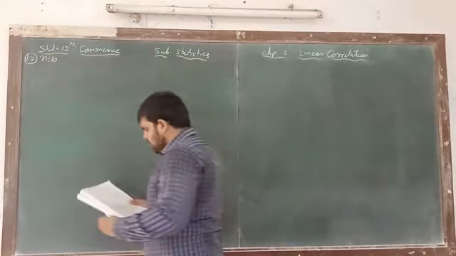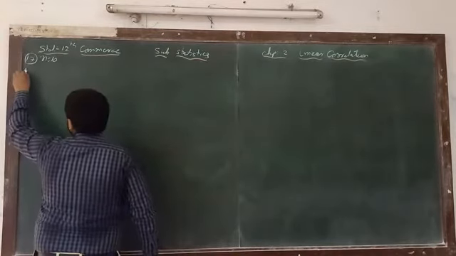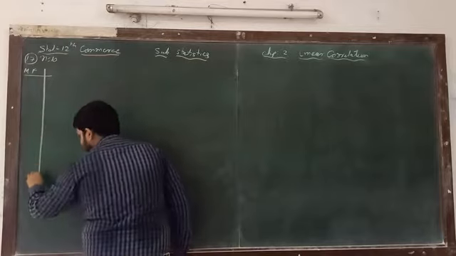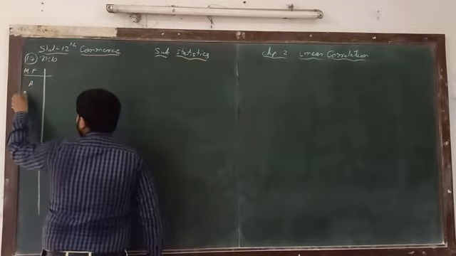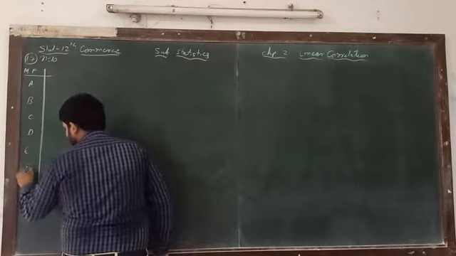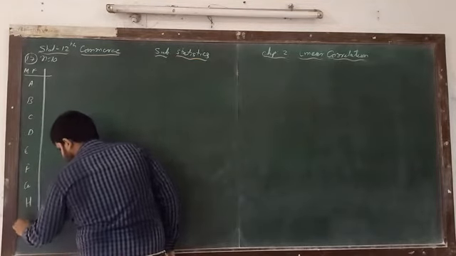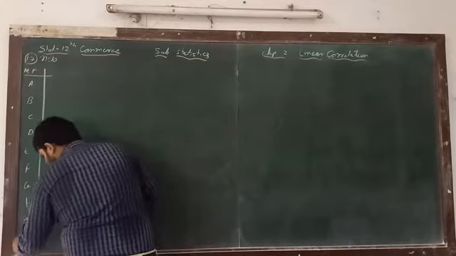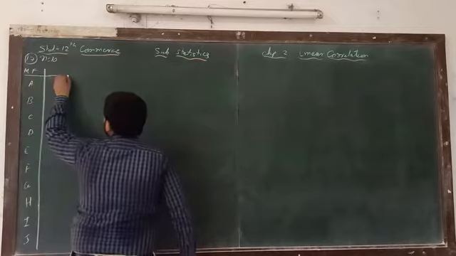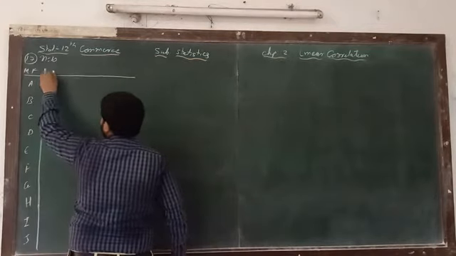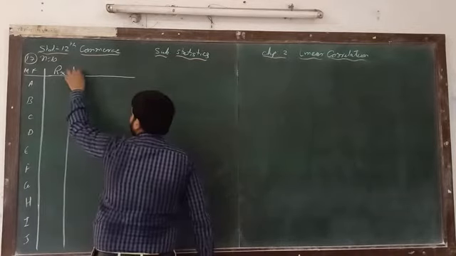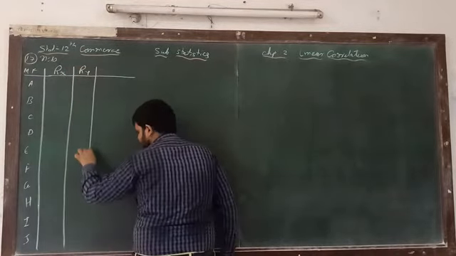Okay. So here, first of all, the mobile phones: A, B, C, D, E, F, G, H, I and J. 10 mobiles are there, so we have to divide the table into 10 parts. Then Rx in the second column, Ry in the third column.